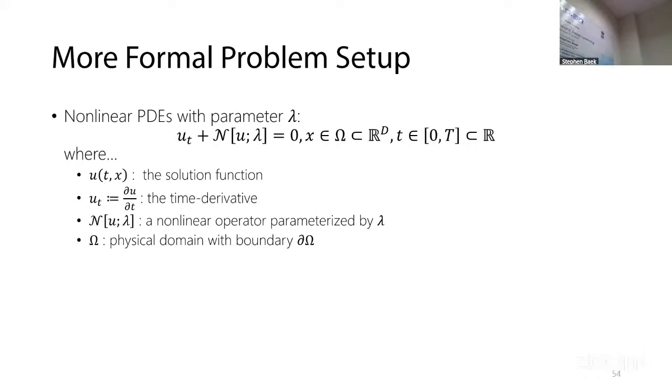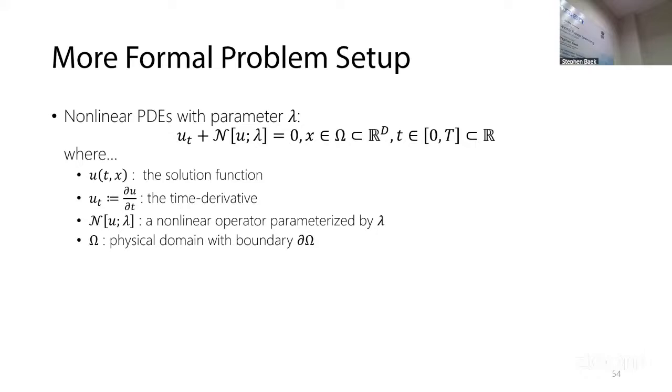So we assume that there is some relationship given in this manner. In terms of the terminology, we also consider that the variable x is a position vector in the physical domain Omega. Omega is your physical domain. If it is a fluid dynamics problem, most of the time the shape of Omega is a rectangular box.